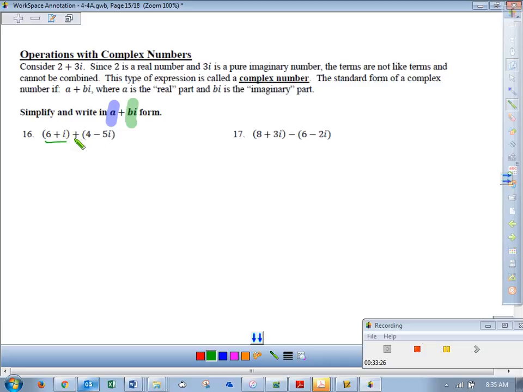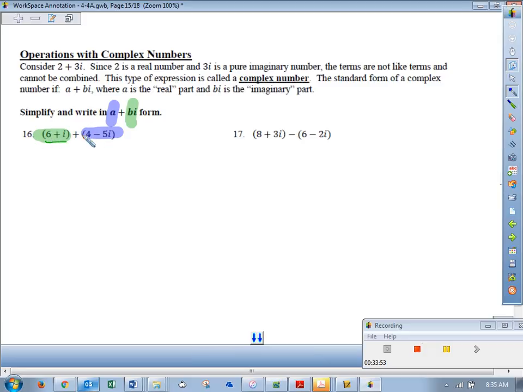What are they asking you to do with these two complex numbers? You got this green one, and you got this blue one. Are they asking you to add them, subtract them, multiply them, or divide them? Add them, right? That's it. You can only add like terms. So you add reals with reals and imaginaries with imaginaries. Real is 6, real is 4.